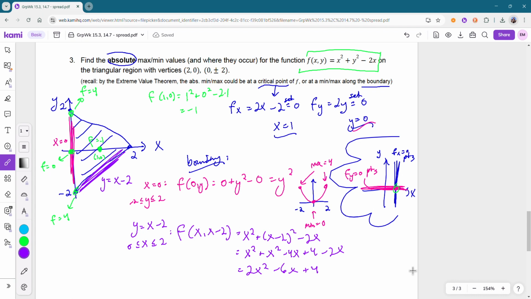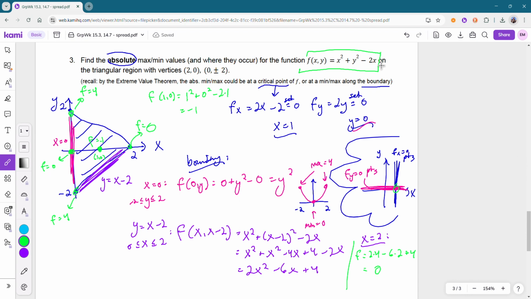So maybe at x equals 2, see what we get, and our function value there, which maybe we can do in green, is going to be 2 times 4 minus 6 times 2 plus 4, which is 8 plus 4 minus 12, so that gives us 0 for our function value there.